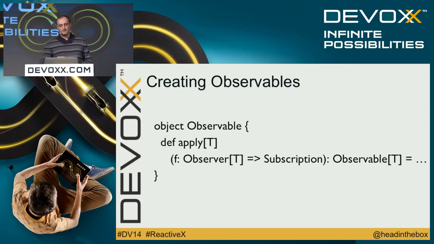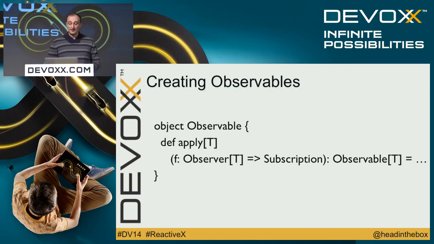In the Java version of Rx, you would call a factory method called Observable.create. Now in Scala, we have a companion object for the class Observable, which has an apply method, which we can call implicitly, so we don't have to type in the name. We're all lazy.